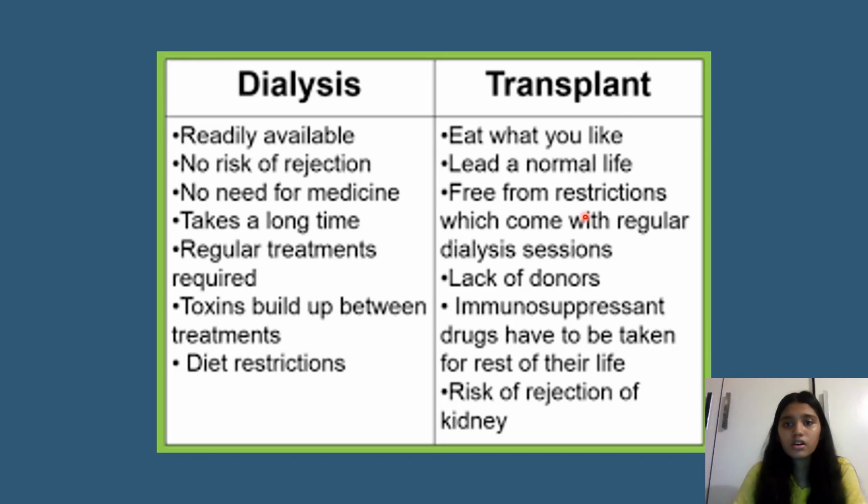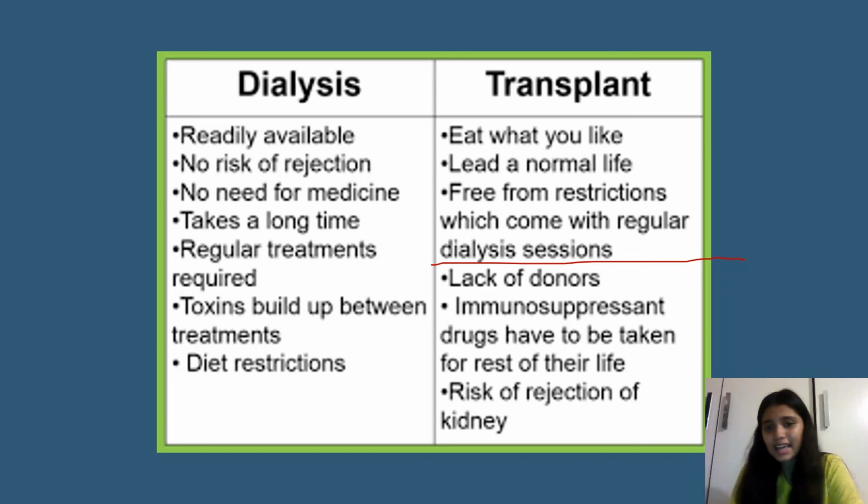But your disadvantages are that there is a lack of donors. Okay, the body can reject a kidney, since it depends on your blood group and the type of cells produced, and it's foreign, right? So the body is likely to reject it.